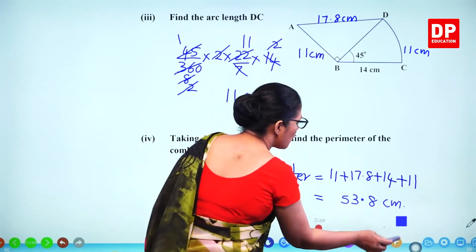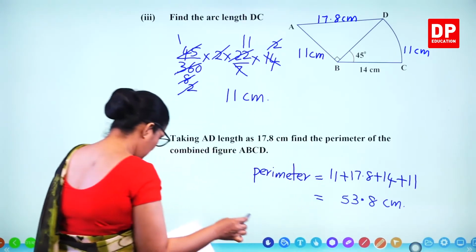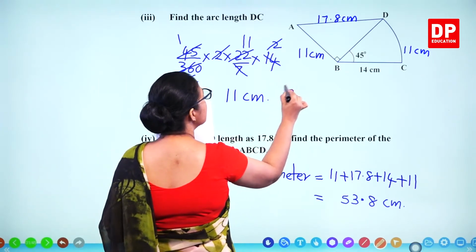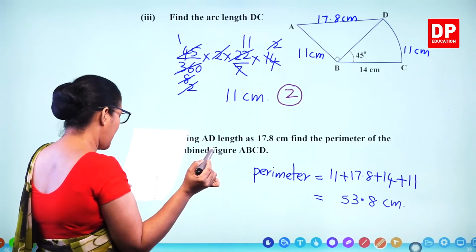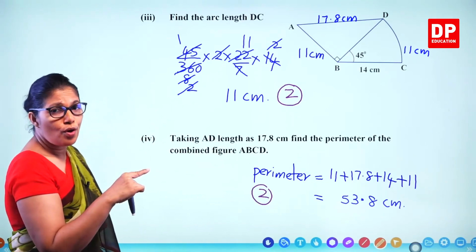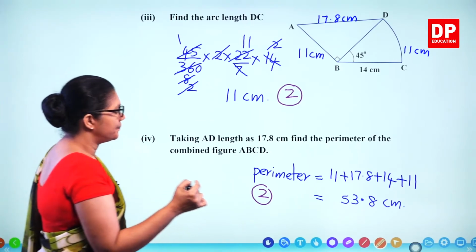So how many marks for these 2 steps? You are getting 2 marks for this and 2 marks. So earlier we gave 6 marks and these 4, 10 marks altogether.